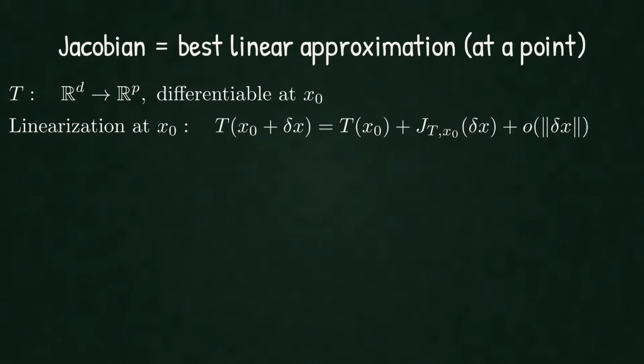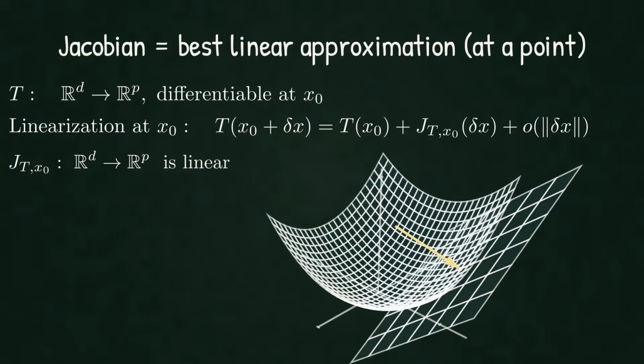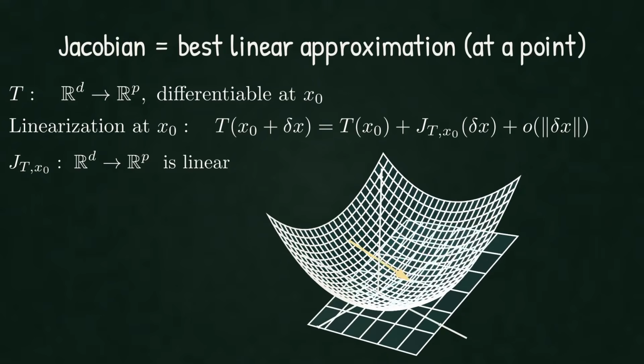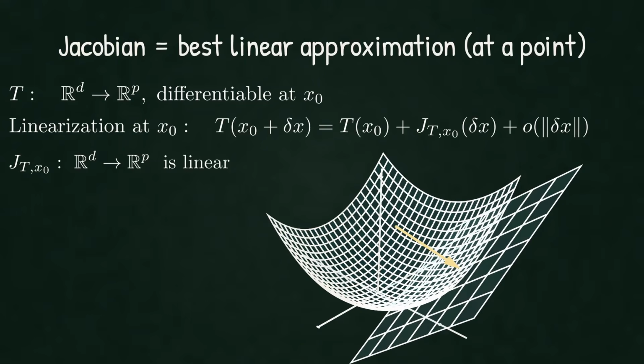The little o means this error shrinks faster than delta x itself. It becomes negligible as we zoom in. Watch the tangent plane follow the point as it moves across the surface. The Jacobian captures the local linear behavior.